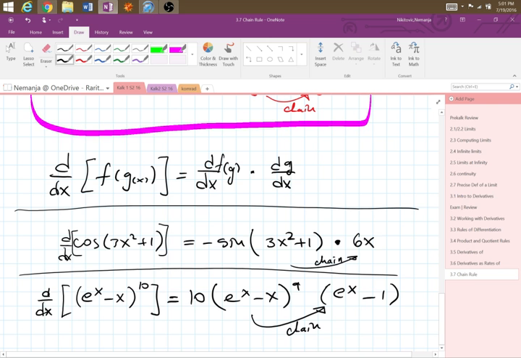But for whatever reason, I remember when I told you how I memorized the product rule and quotient rule? So for chain rule, I remember the derivative of the outside times the derivative of the inside. Because this e to the x minus x looks like it's in the belly of x to the 10th, right? So I call it the inside and outside. Outside is x to the 10th.